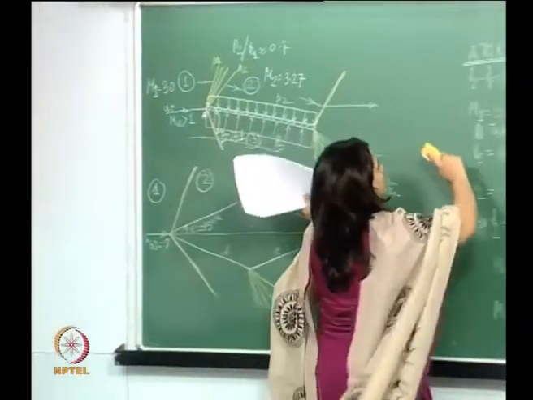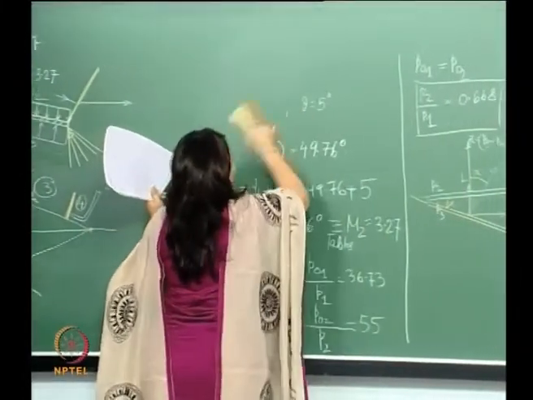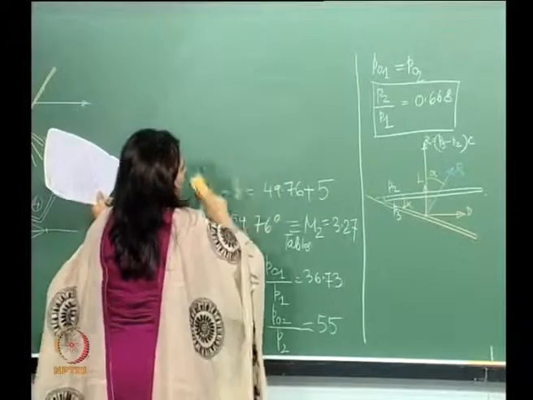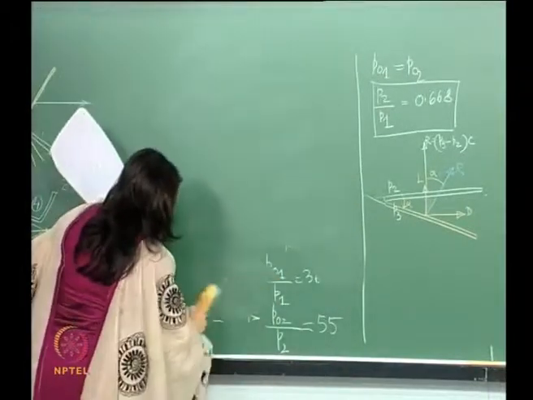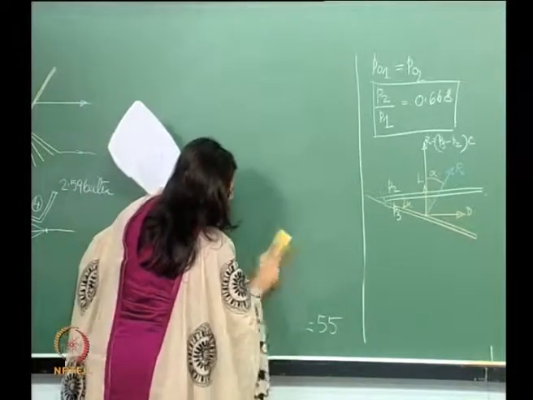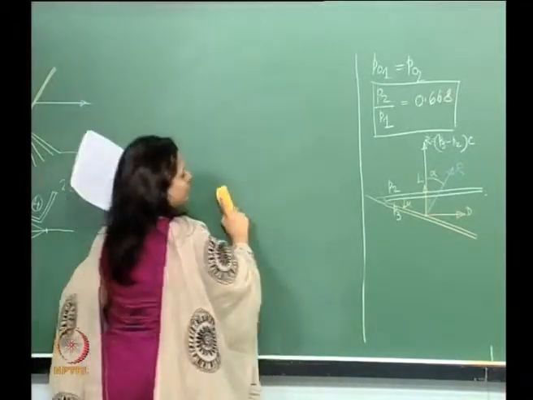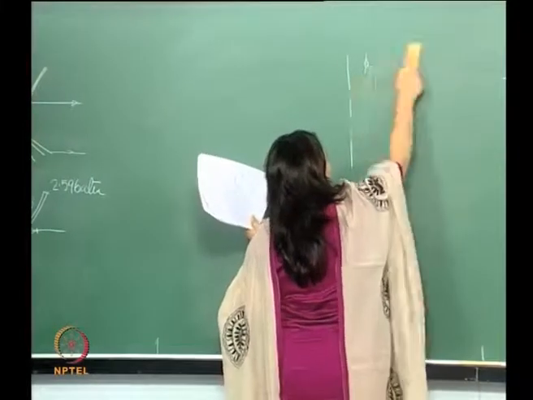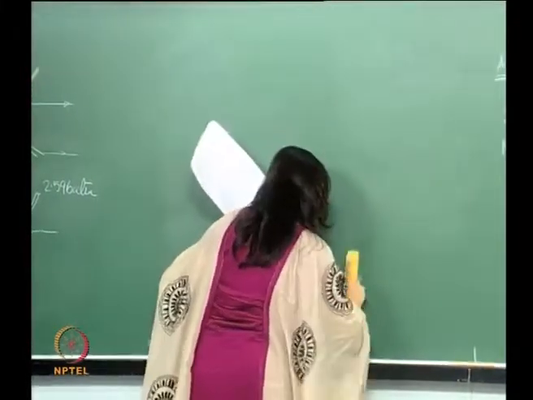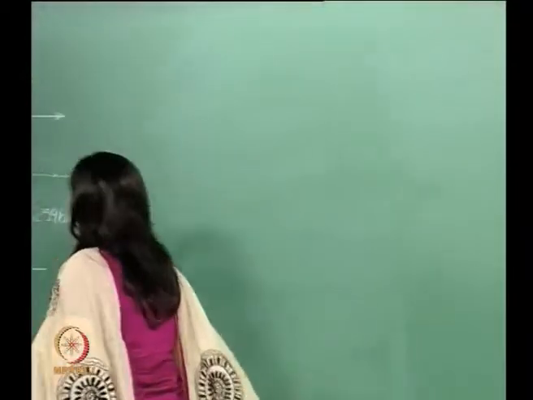Now, the pitot tube will basically calculate the total pressure, isn't it? Total pressure behind the shock, which is the region which we have called as 4. So, this region is 4.